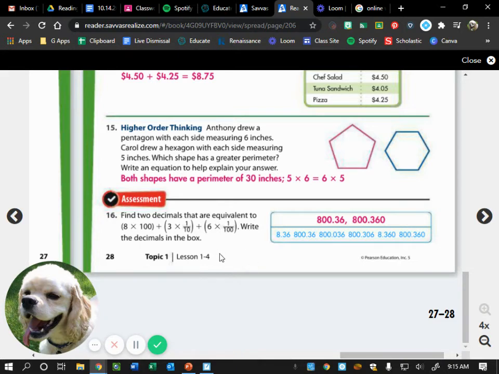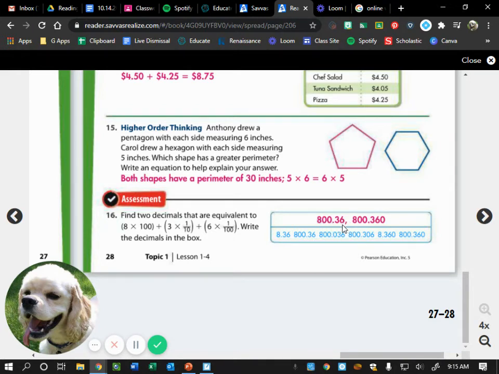Then once we had our number, we were supposed to come over to the box and look to see which of these is equivalent to this number in expanded form. Well, first of all, they have 800, I think I said 8 and 36 hundredths, 800 and 36 hundredths, sorry. They have 800 and 36 hundredths, 800.36 already here, so that would definitely be one of them.